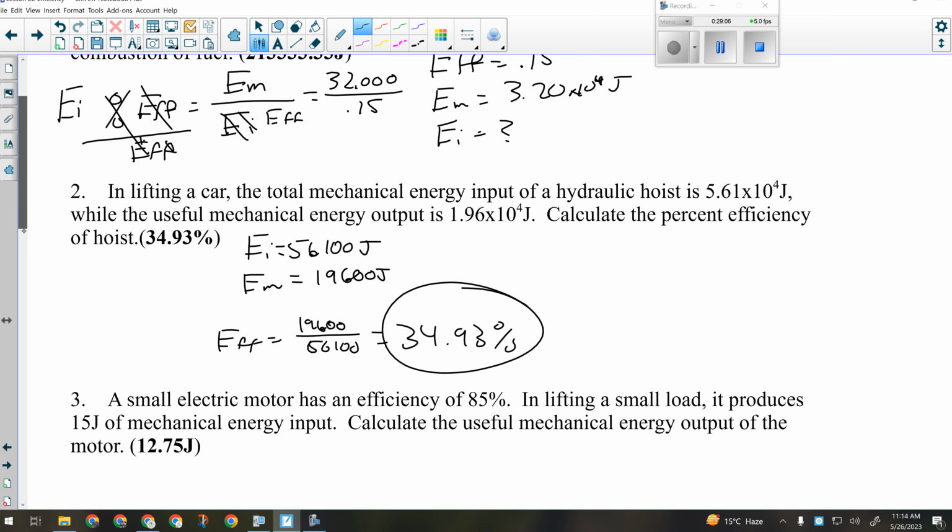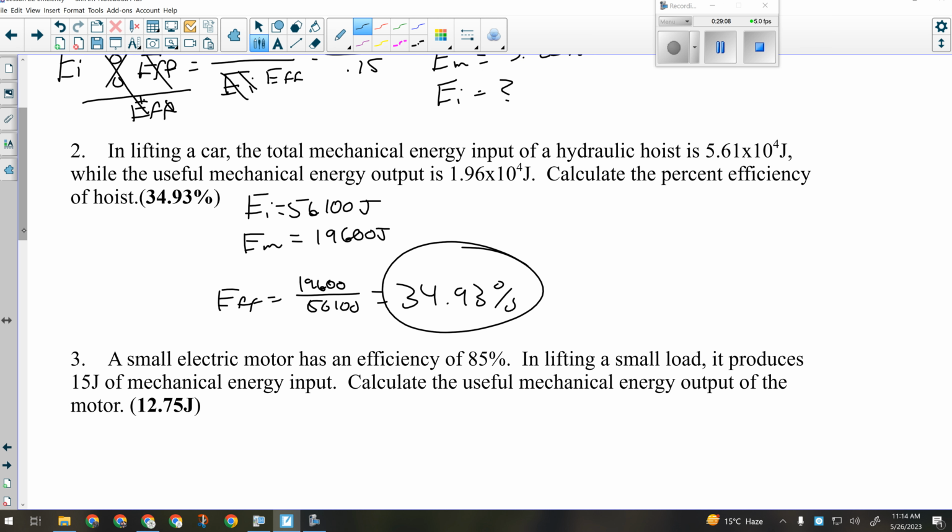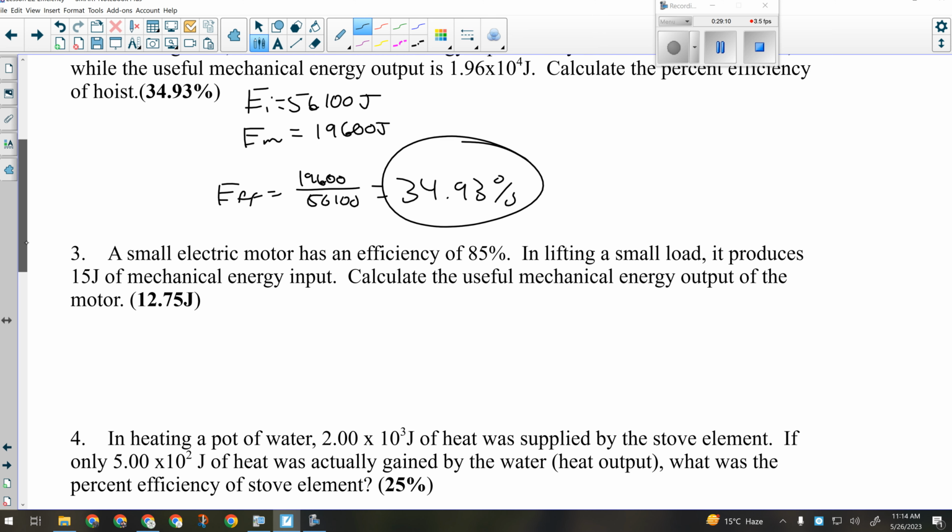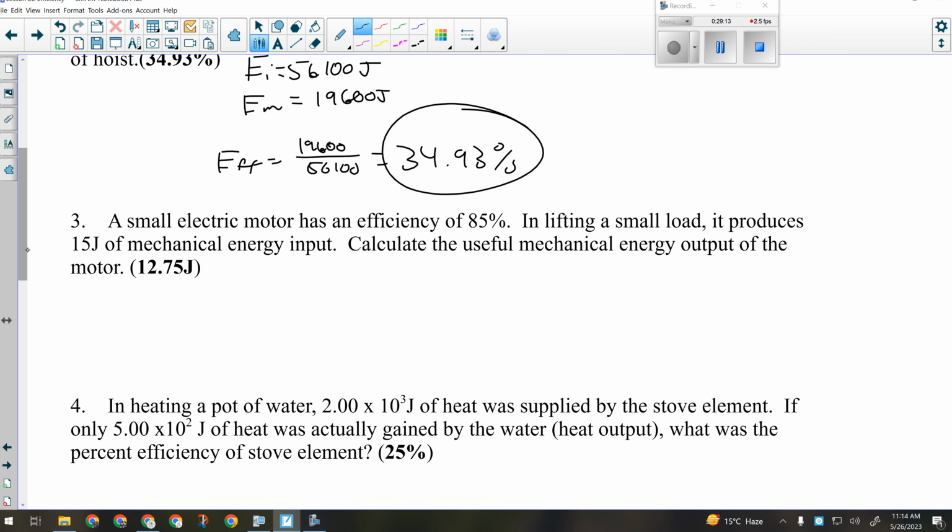All right, how many people have done number 3? Okay, let's look at that one too then. A small electric motor has an efficiency of 85%. So efficiency is 0.85. In lifting a small load, it produces 15 joules of mechanical energy input. That's the bottom number, 15 joules. Calculate the useful mechanical energy output of the motor.